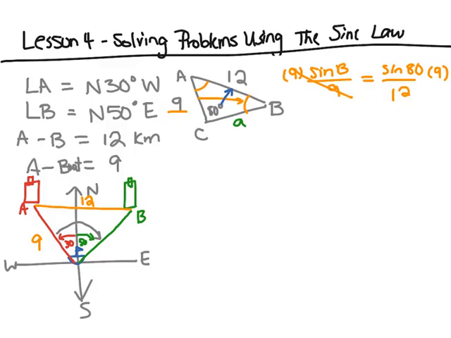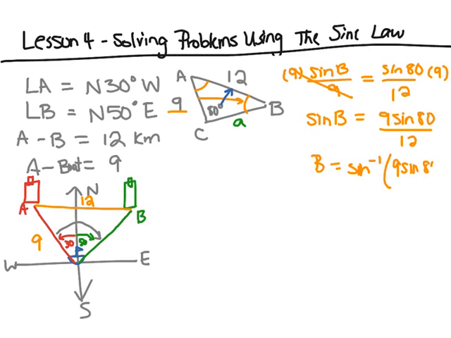This cancels, and we're left with sine of B is equal to 9 sine 80 divided by 12. Because we're looking for an angle, we need to do sine to the negative 1 of 9 sine 80 divided by 12. Type this all into your calculator, and you should get 48 degrees. So right here is 48.